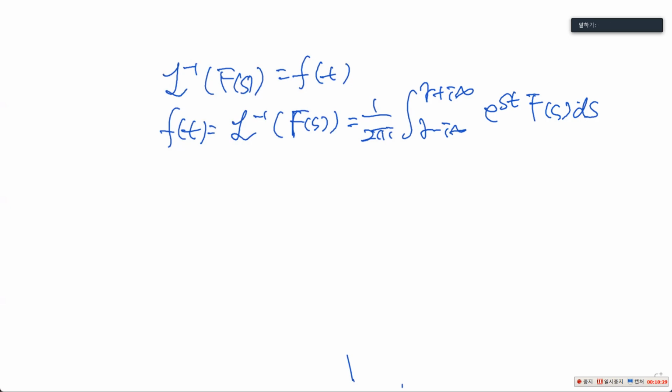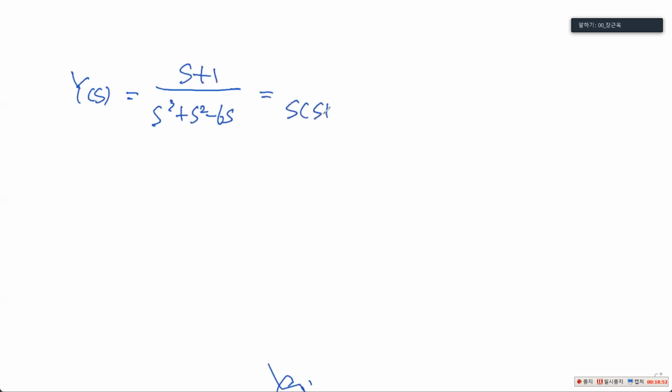Okay. Now one way to perform the inverse transformation is partial fraction expansion. Okay, so let's say the transformed function can be given by s plus 3, s minus 2, s plus 1.